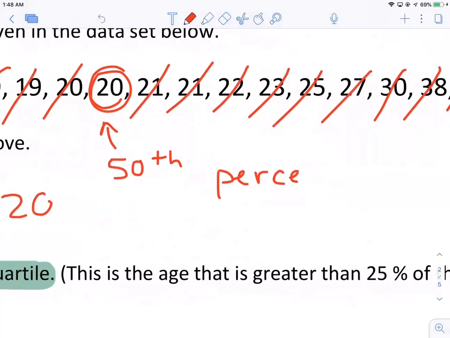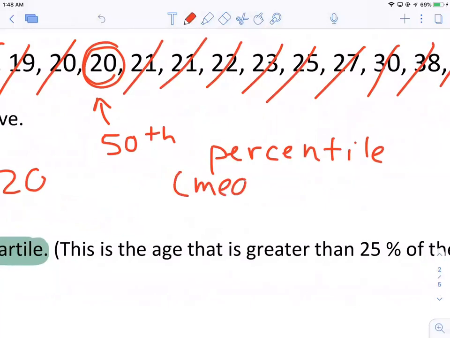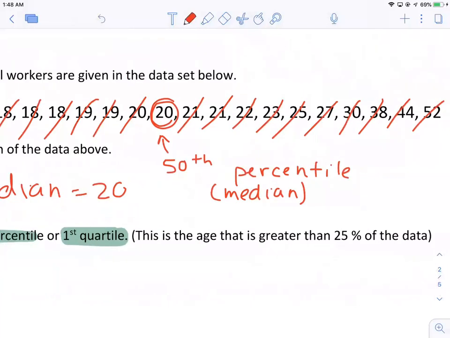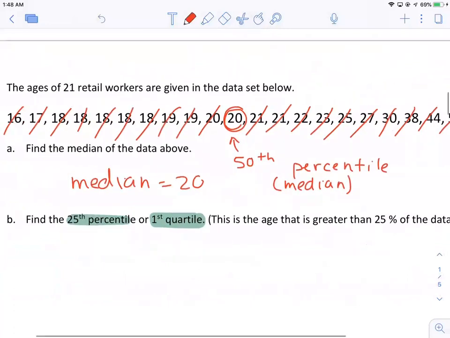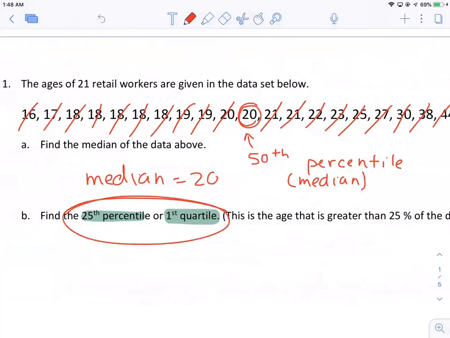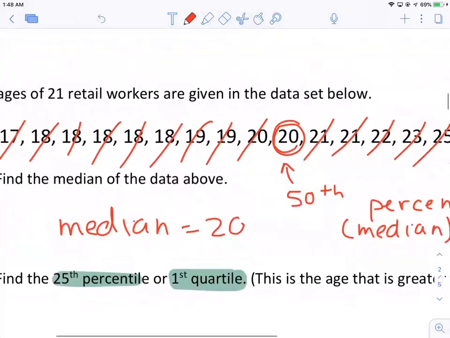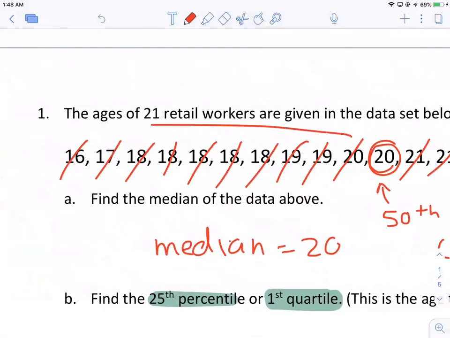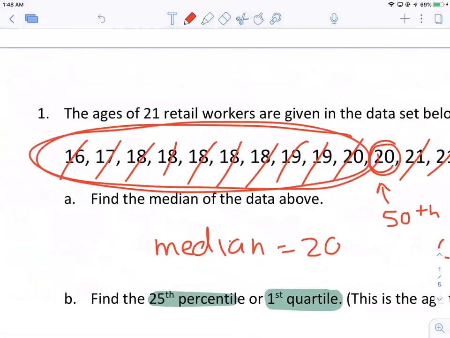That is another name for the median. If that is the halfway point, what we're looking for here is the quarter way point, the first quarter, the 25th percentile. So if that's 50%, well, 25% is going to be halfway of our lower half of the data.